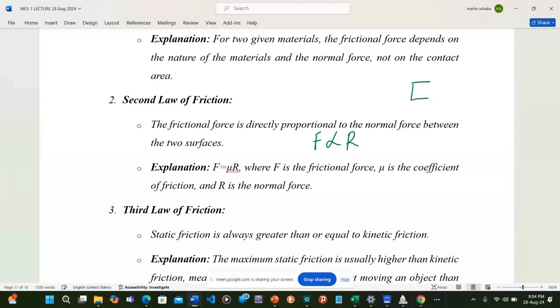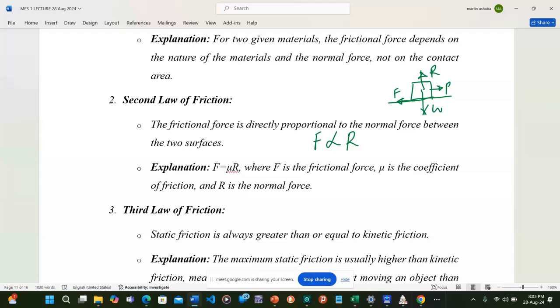We said if an object is on a surface and maybe is about to move or is moving with a force P, you have a frictional force F, then this body has a weight W and it will always experience a normal reaction R. We know that this frictional force is going to be directly proportional to the normal reaction between the two surfaces. The normal reaction here is R.